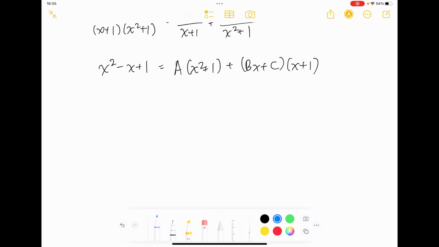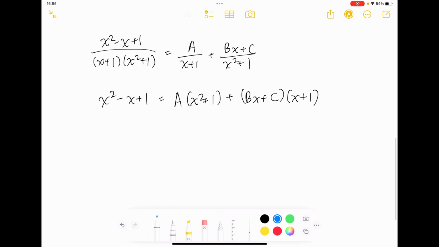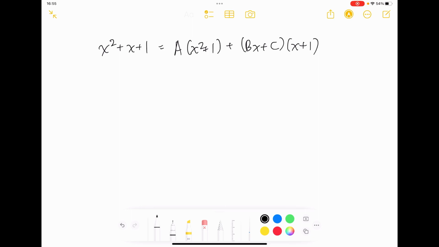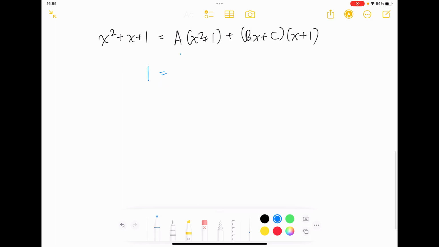So, comparing coefficients, I just realized, very sorry, that should be a plus right there. Anyways, comparing coefficients, the coefficient for x squared is 1. And so 1 is, well, there's an a here, there's a bx squared, so a plus b.